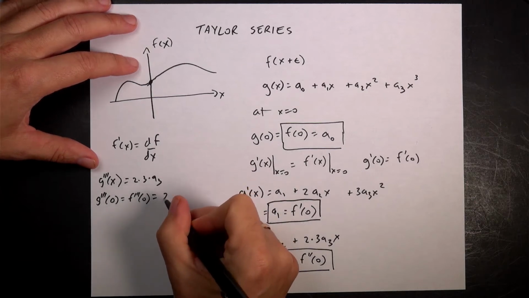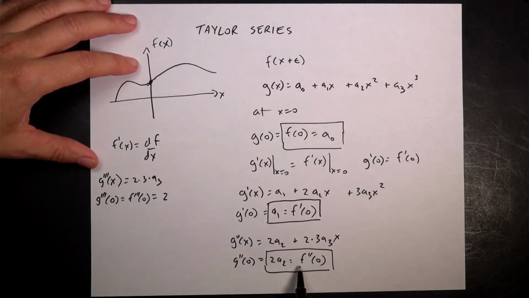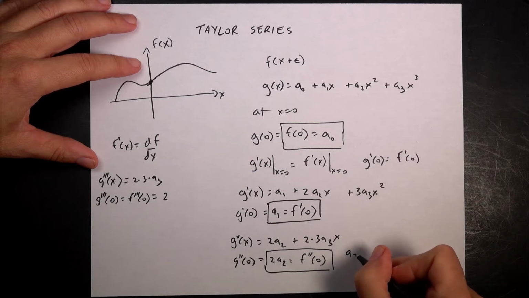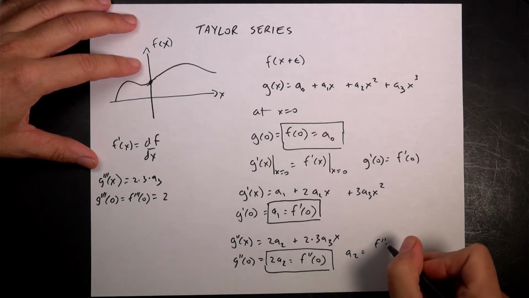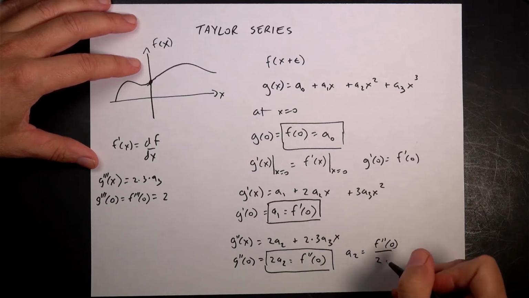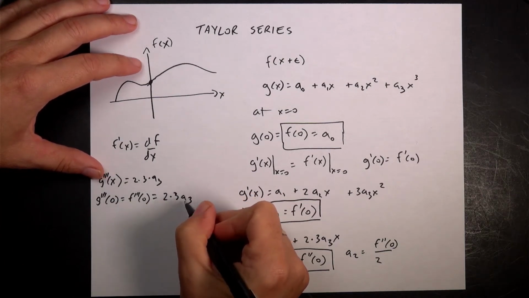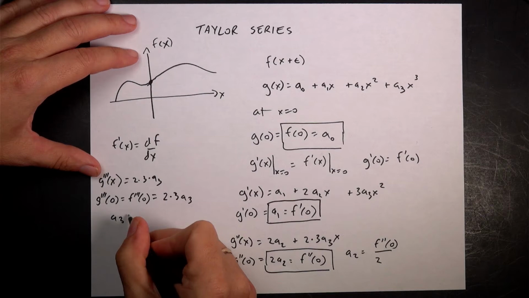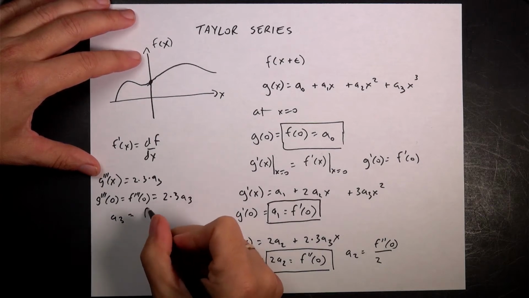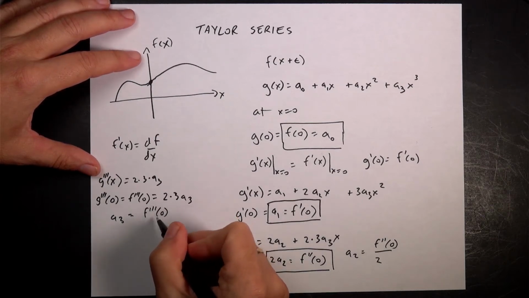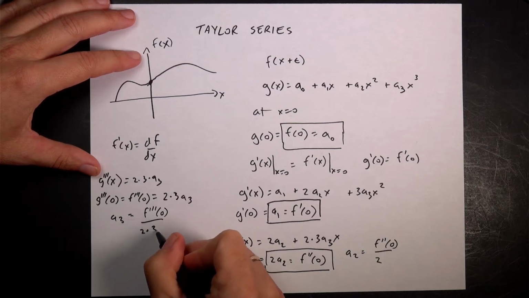So this a2, actually I should write this: a2 is f double prime 0 over 2. And this is going to be 2 times 3 times a3. So a3 is going to be equal to f triple prime of 0 over 2 times 3.